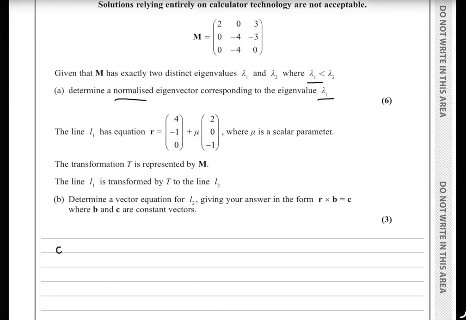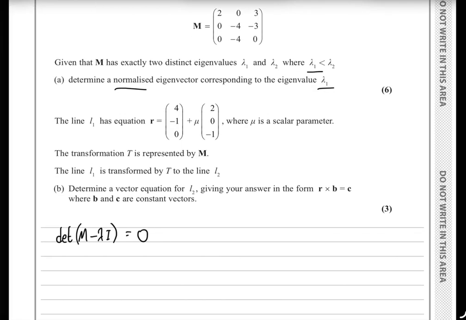To do that, we want the determinant of A minus lambda I, or maybe I should say M in this case, and that will have to equal 0. That will give us the value of lambda. So we've got 2 minus lambda, 0, 3, 0, minus 4 minus lambda, minus 3, 0, minus 4, and minus lambda.